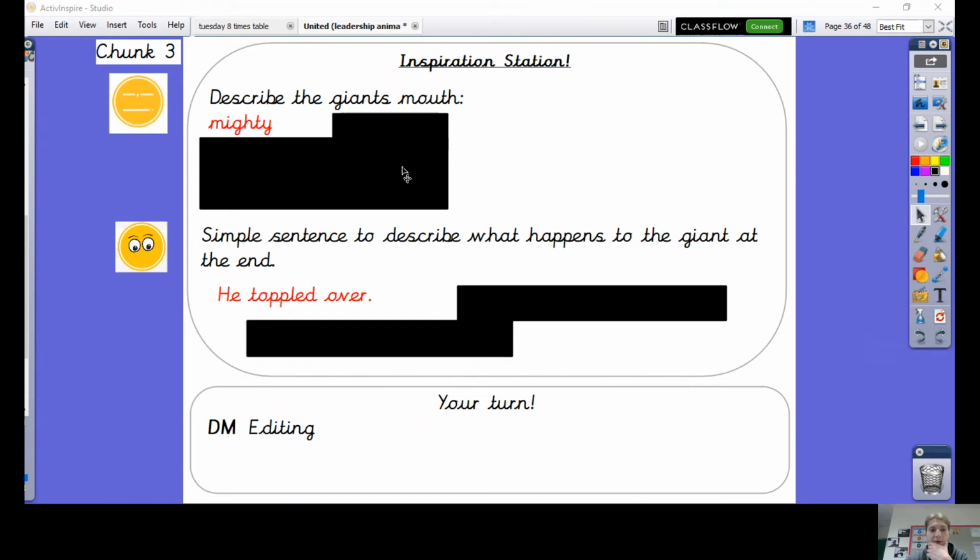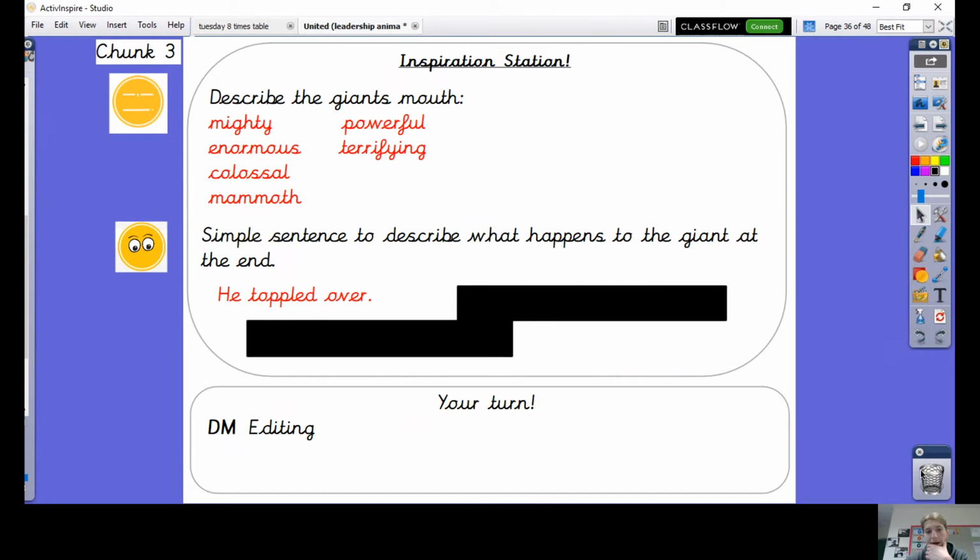Okay, right, let's go through some more words then. You should have a few down now. So I've got a few more here if you want some extra inspiration. So again, like I said, mighty was a good one. Enormous, which describes the size of it, I guess, doesn't it? Same with colossal, which is similar to enormous. They both mean very, very big.